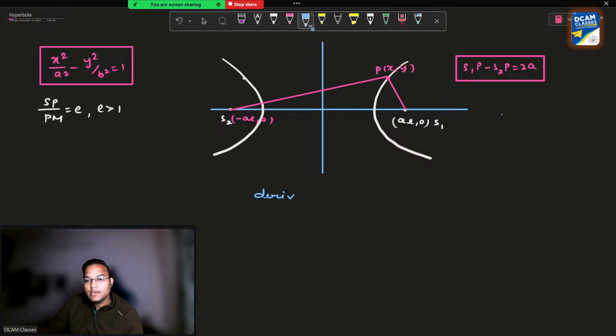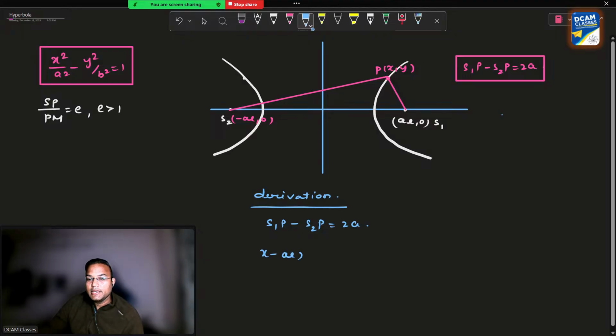Derivation will be: take the point P (x, y), find S1P. S1P is root over (x minus ae) whole square plus y square.